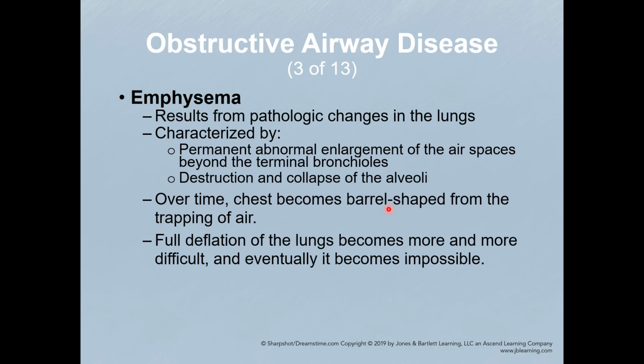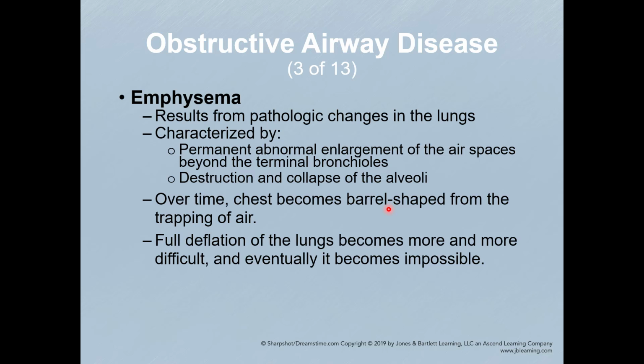It also reduces the elasticity of the remaining alveoli, so we lose the ability to recoil and go back to normal. Because of the loss of elasticity, it leads to trapping of air in the alveoli. Residual volume increases, whereas vital capacity remains relatively normal. Go back to chapter 15 where we talked about residual volumes and vital capacity, and how that process affects the body.